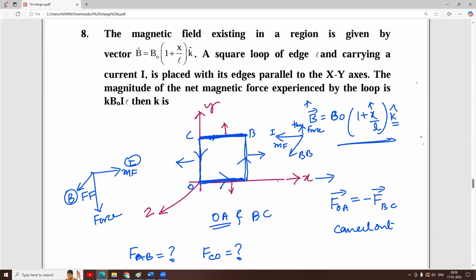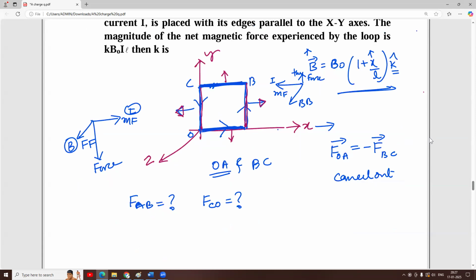That is cancelling. But what about this? This force is like this, and here it is like this. They won't cancel, because in the region where this is present, the magnetic field is different from the region where this is present.